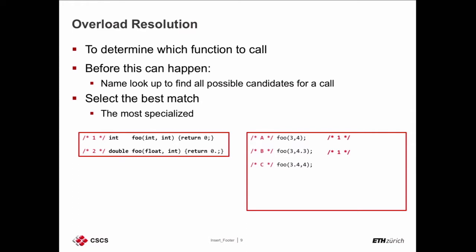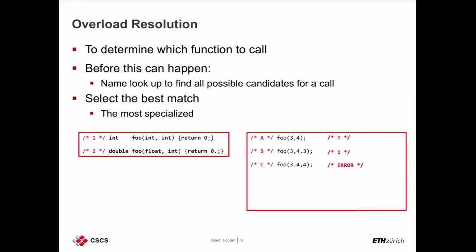But what about this one? The second one? Why? It has to do a conversion anyway. From double to float is still a conversion, so this is an error.